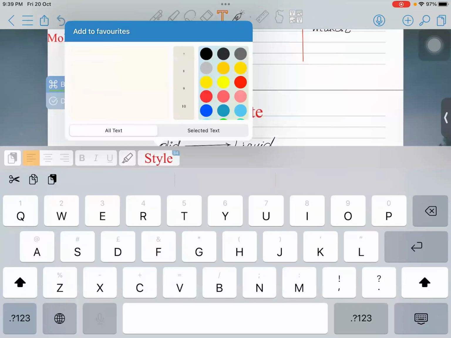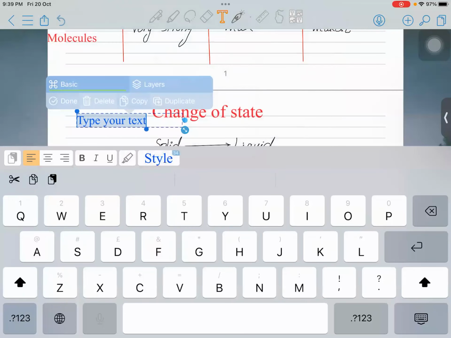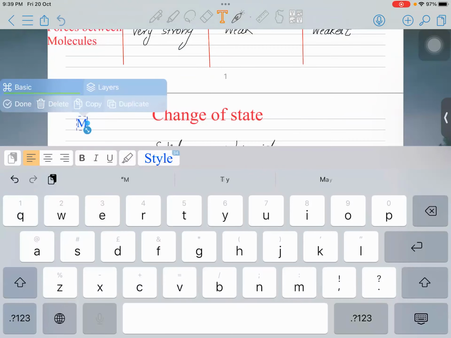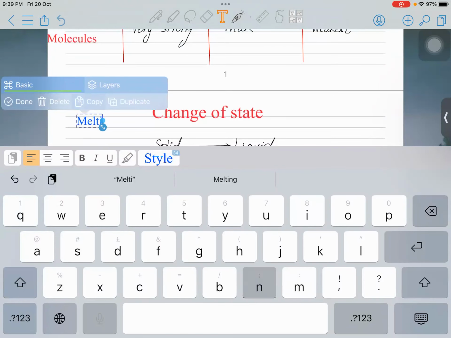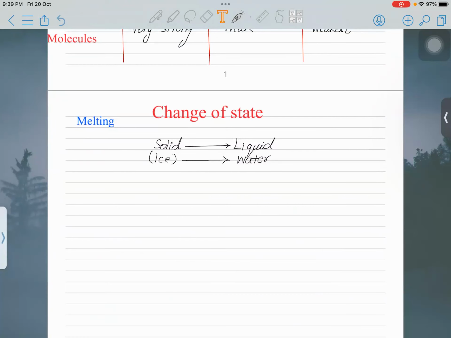So next is melting. When you heat the solid, it convert into liquid. This is called melting.